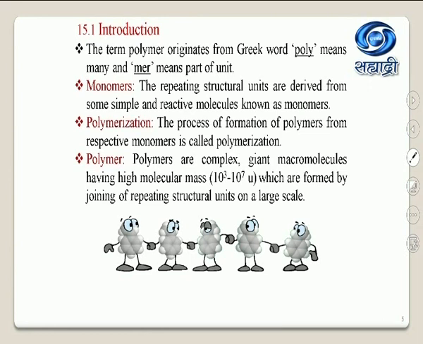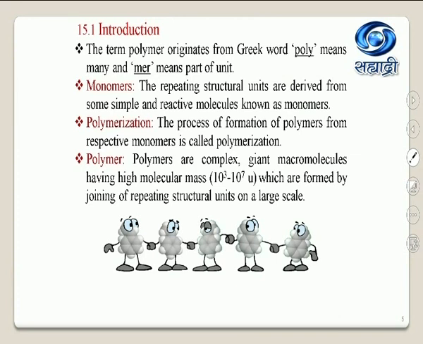In organic chemistry, some small compounds can bind with each other to form a long chain. So those small units are known as monomers. Then what is polymerization? The process of formation of polymers from respective monomers is called polymerization. These monomers bind with each other to form a long chain of polymer. That process is known as polymerization.